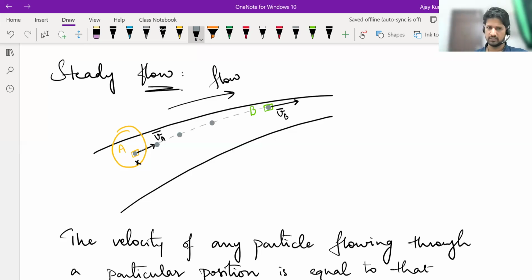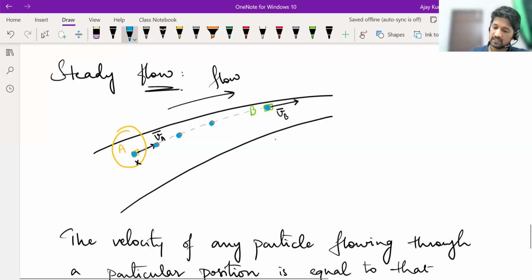It will keep moving that way. Now consider another particle Y. When Y comes to this place, Y will have the same velocity that X had. Okay, so what will happen? If it has the same velocity, it will move in the same direction as X, at the same rate as X. So whatever X did, Y will also do the same. The next particle following it will also do the same.